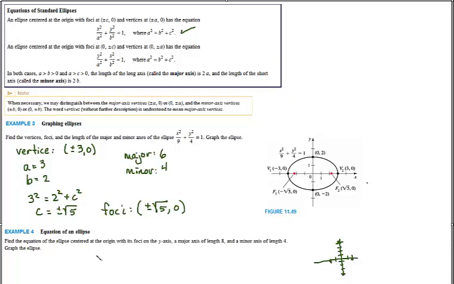And that would mean the y is the one that has the A, so that is a length of 8, so that would be a 4, so this would be the number 16 plus x squared over, and this is a 2, so that's going to be a 4 here equals 1, since it's centered at the origin.